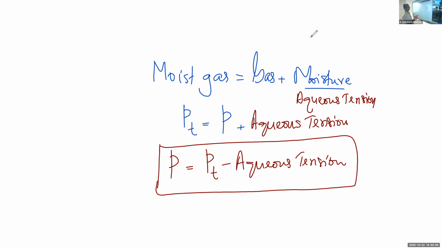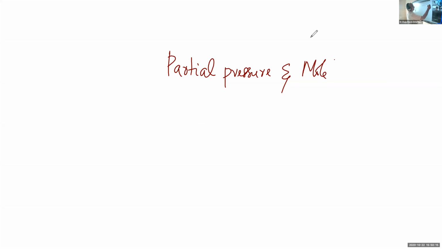Okay, let us see the relation between partial pressure and mole fraction. The relation between partial pressure of a gas and mole fraction of the gas. Do you remember what's meant by mole fraction?